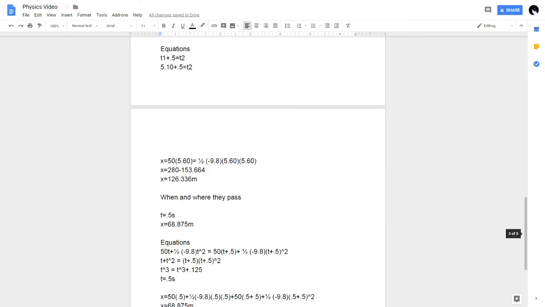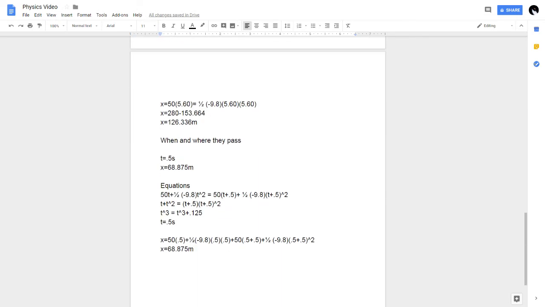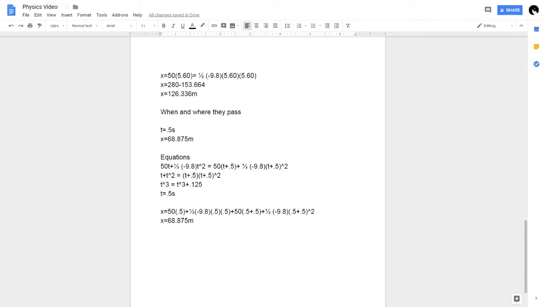So we could go down here and figure out when and where they pass. What we're going to do is set the two displacement equations that we just did equal to each other. We are going to get 50t plus 1/2 negative 9.8 t squared is equal to 50 times (t plus 0.5) plus 1/2 negative 9.8 times (t plus 0.5) squared.